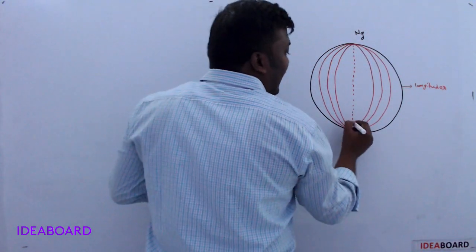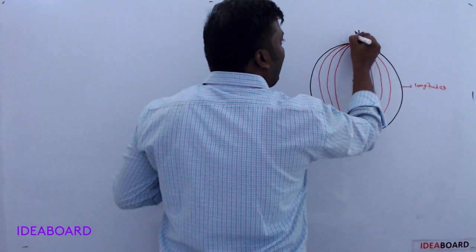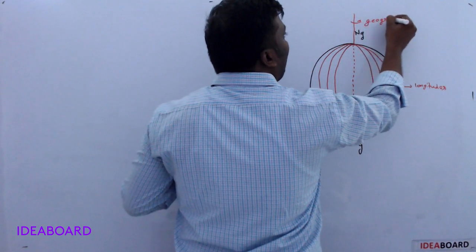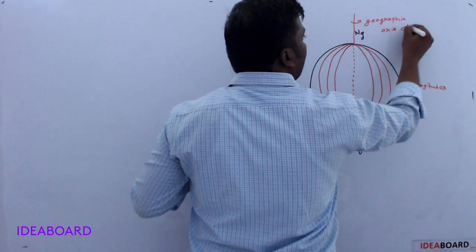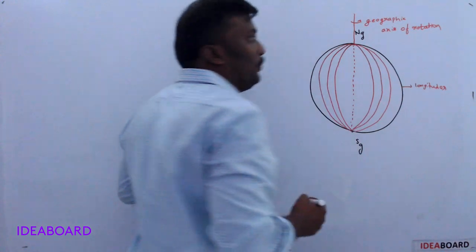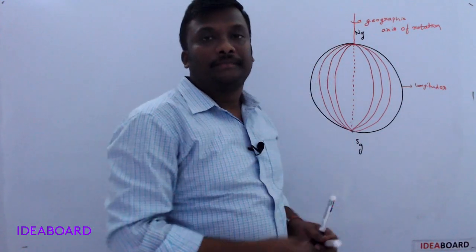So this line joining NG and SG is called the geographic axis of rotation. Based on this axis, the earth always rotates.